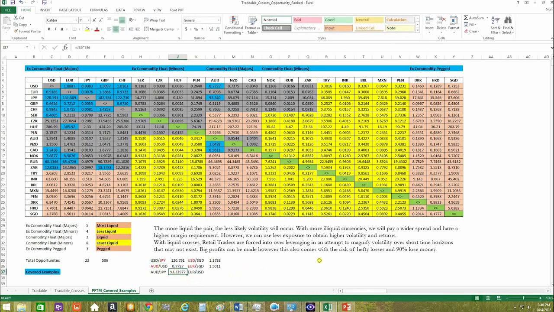That's a multiplication situation. And if we check the Aussie dollar at the top and scroll down to Aussie dollar yen, we'll see that we're actually correct.